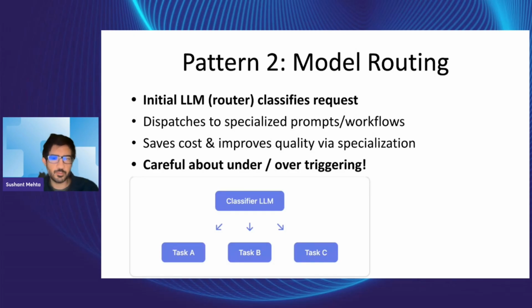Your prompts come into this router, and it dispatches to more specialized models, which are very good at those specific workflows. In a lot of cases this saves you significant costs, because your specialized models can be much smaller but have the same or better quality for that specific domain or task, since they're specifically tuned for it.